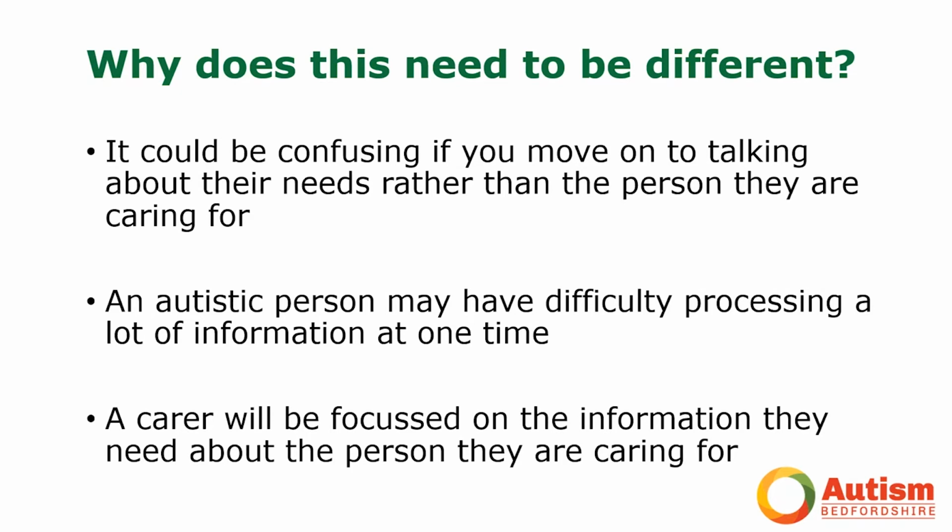You also need to give the information in a lot smaller chunks so that they are able to process. And also following up afterwards with written information means that they can process it afterwards to see what they have said and what else needs to be said. But really do make sure that you are giving them little information at a time.